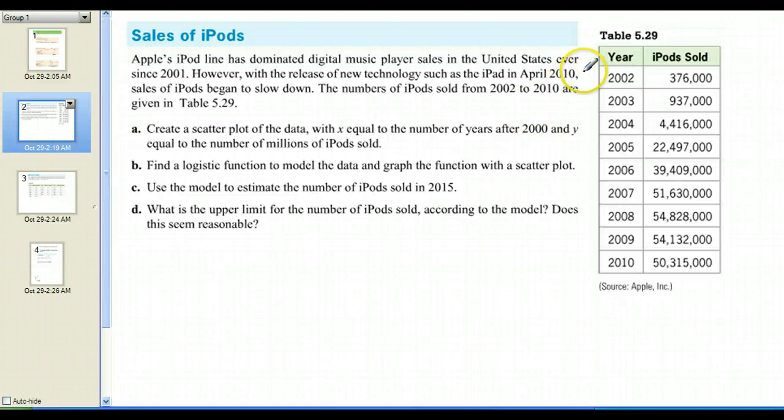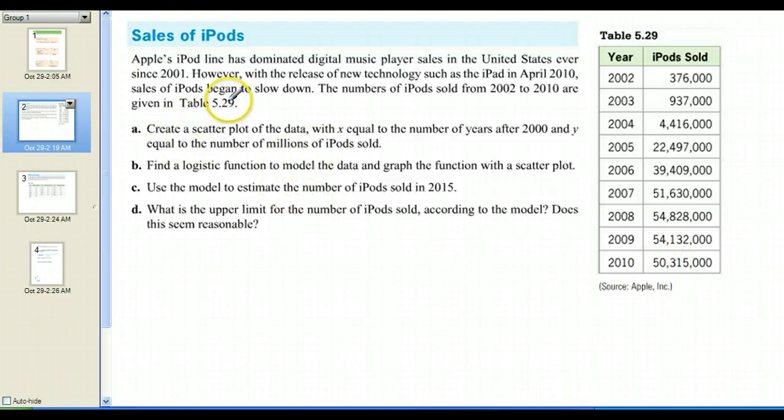And anyway, the number of iPods sold just exploded right at the beginning, but then the market started to have competition, other companies made MP3 players, and eventually iPads and Android tablets and players came into being, smartphones. Then the sales of iPods started to slow down, even come down a little bit.